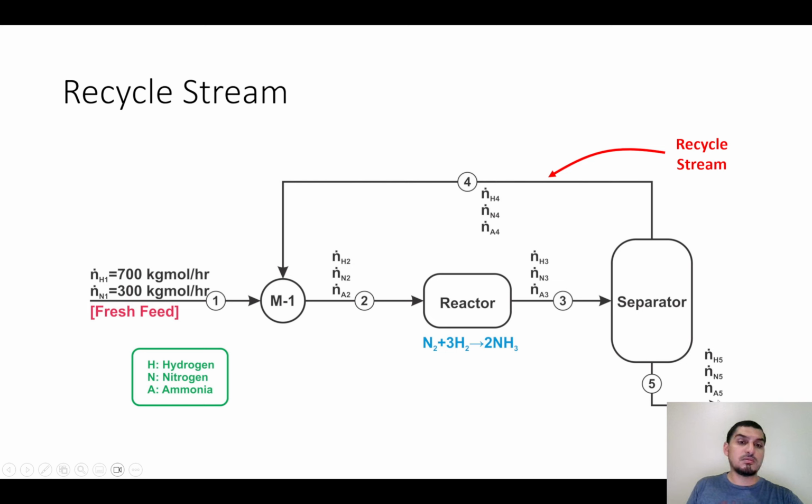So with the recycle stream, I'm not changing the conversion of the reactor. It's going to be affected, of course, because there is some ammonia in the top product that is now recycled back to the reactor. So we have some ammonia going in that may change the conversion. But let's say the conversion is still 33% in the reactor.